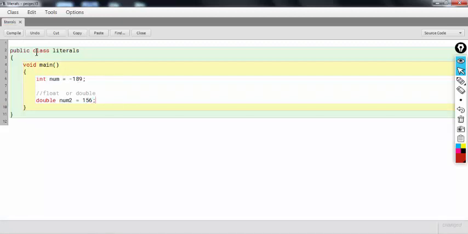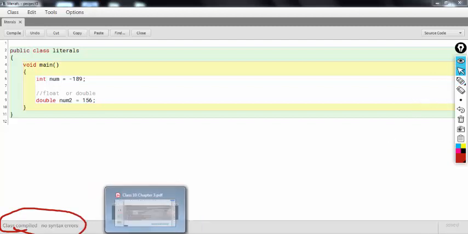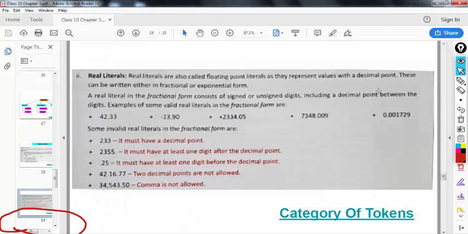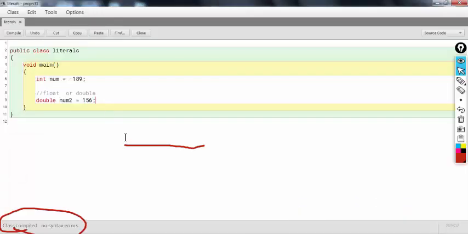Okay, if you compile it, it will compile, okay, but then you can ask me that what is this first point then? It must have a decimal point, but as you can see, I don't have the decimal point here.